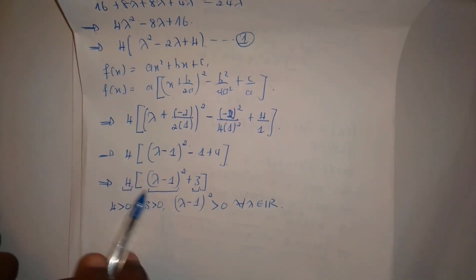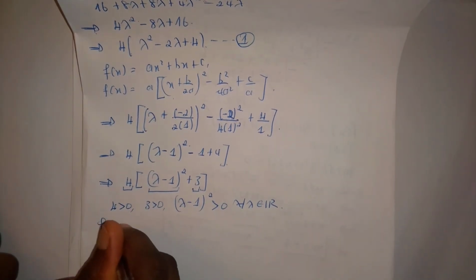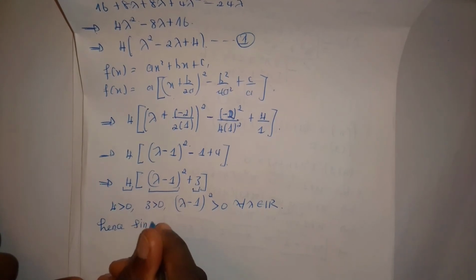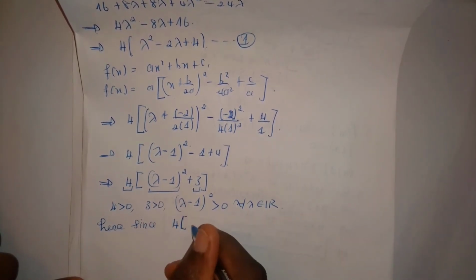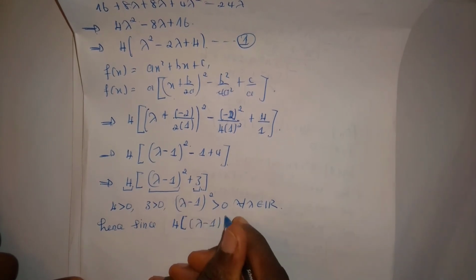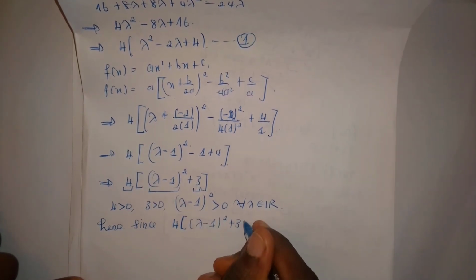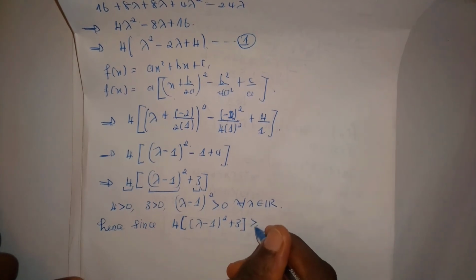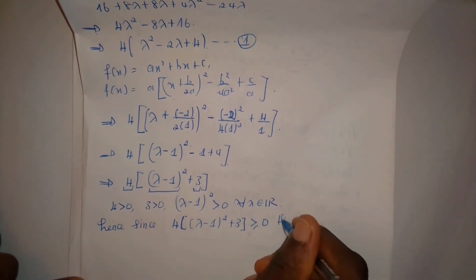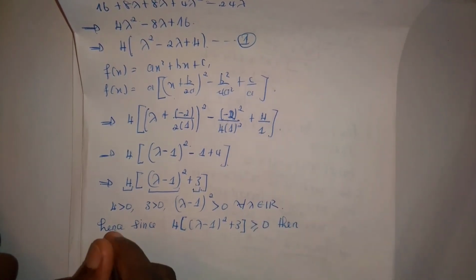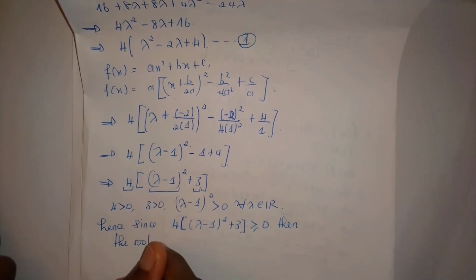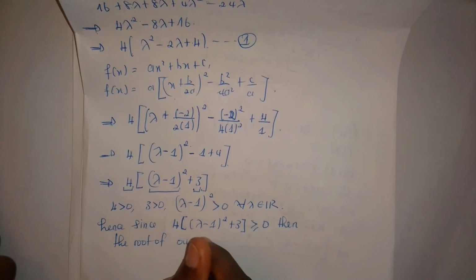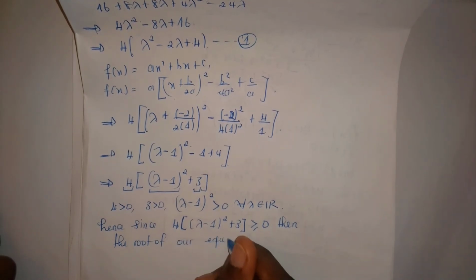And so since 4 into lambda minus 1, all of that squared, plus 3 is always greater than or equal to 0, then the roots of our equation are always real.